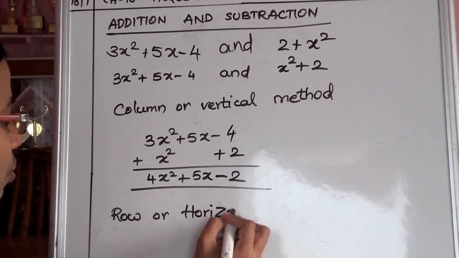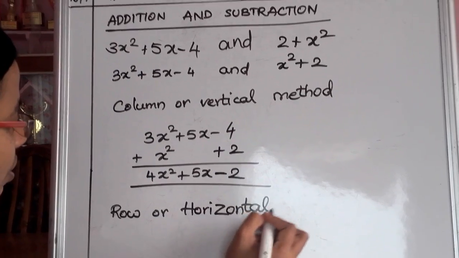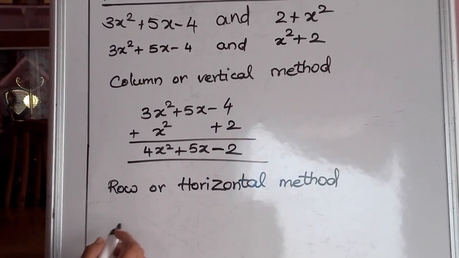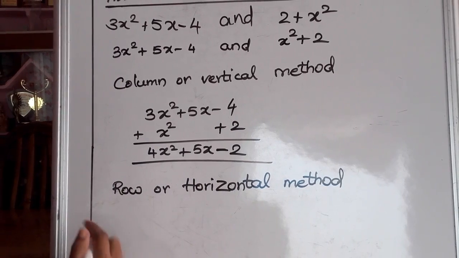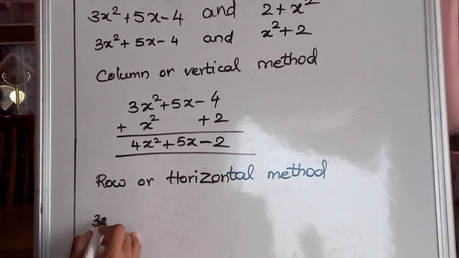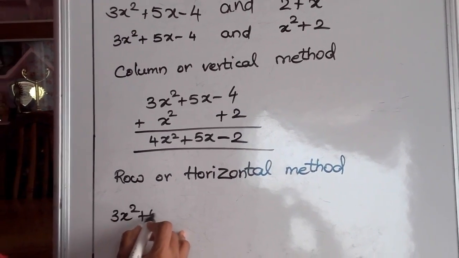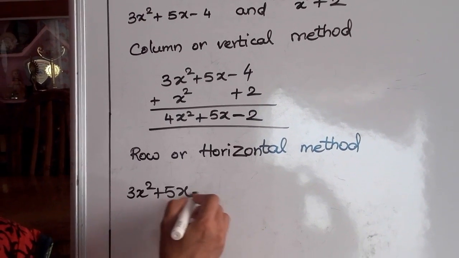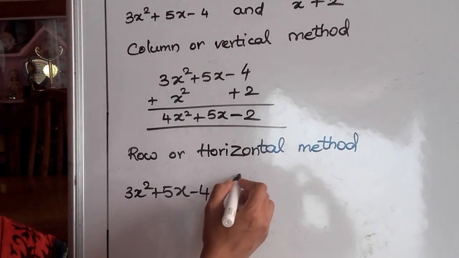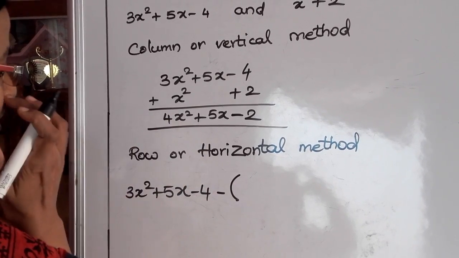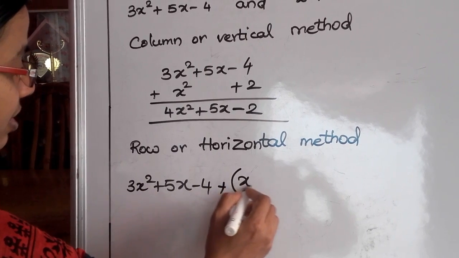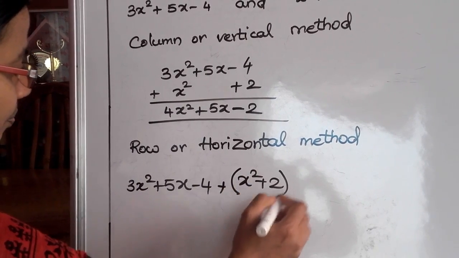The next method which we are going to use is the HR method, or row or horizontal method. When we are taking it as a row, first write the first expression. 3x square plus 5x minus 4, plus, open the bracket, addition we are doing, so write plus x square plus 2.